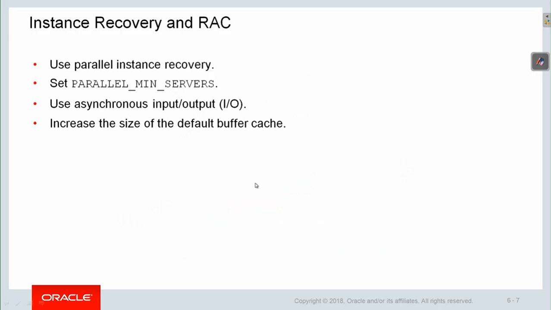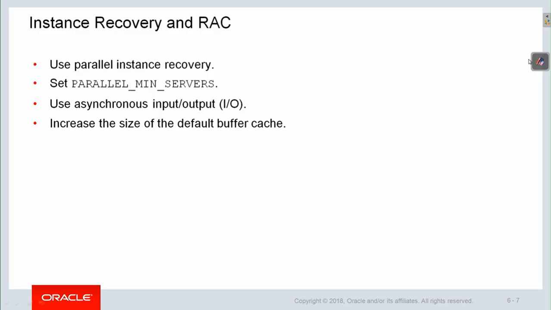And also, a small tip here on instance recovery. To reduce instance recovery time, use parallel instance recovery and set PARALLEL_MIN_SERVERS. So at instance startup time, start a minimal number of parallel execution servers, use asynchronous I/O to avoid the wait time, and also increase the size of the default buffer cache.